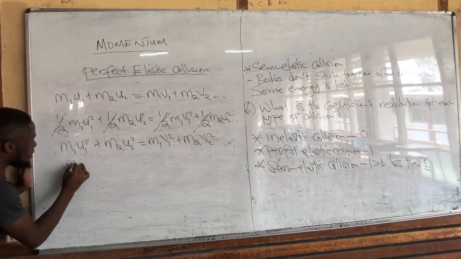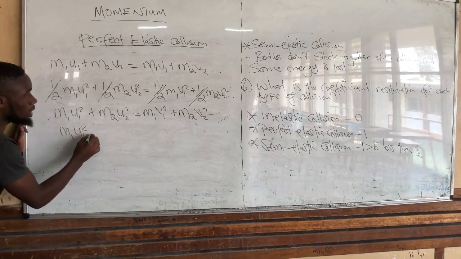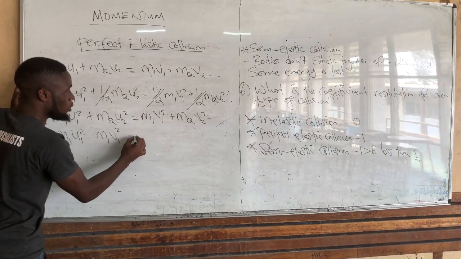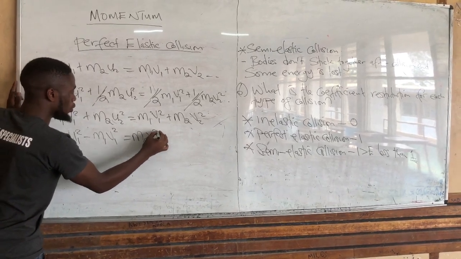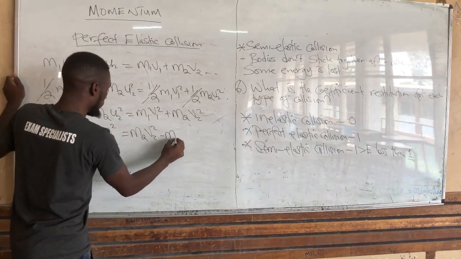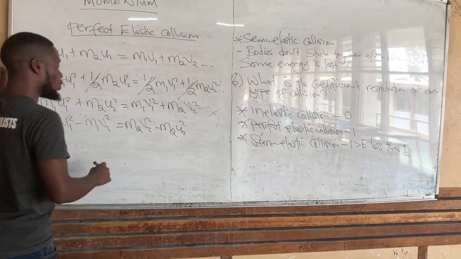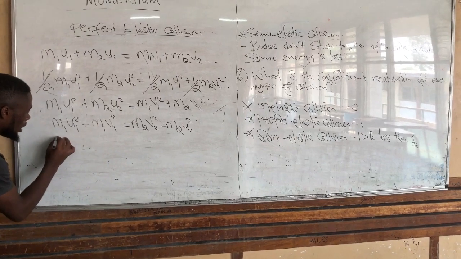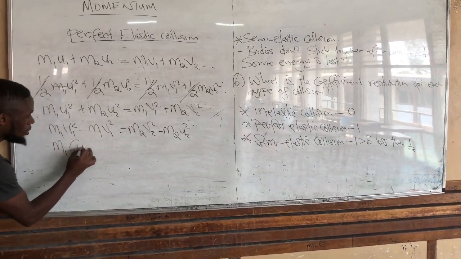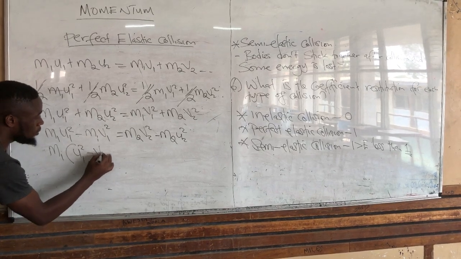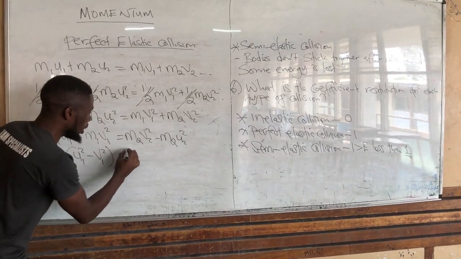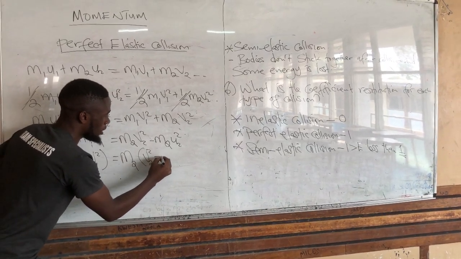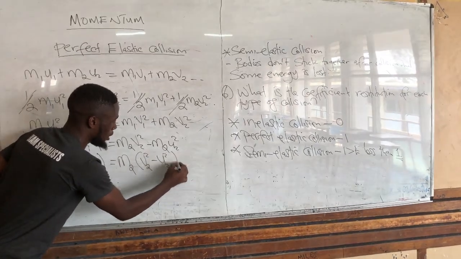So M1 U1 squared minus M1 V1 squared equals M2 V2 squared minus M2 U2 squared. Now let me factor out M1 on this side: M1 times (U1 squared minus V1 squared) equals, factoring out M2 here, M2 times (V2 squared minus U2 squared).